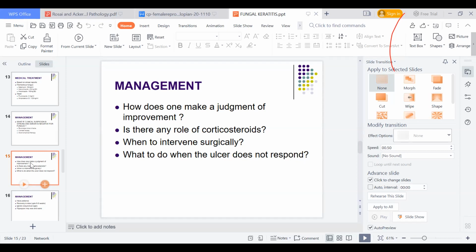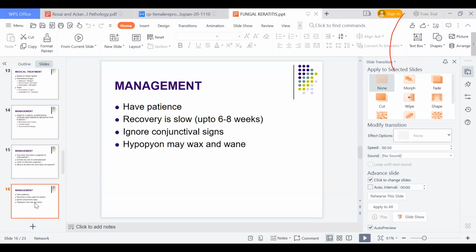So if you see a slight increase in the level of hypopyon, do not label it as a non-responding ulcer. You primarily go by what is happening at the level of the corneal infiltrate. If you see that there's scarring all around and the infiltrate looks more white, the yellow color fades, and the symptoms and other signs are down, don't really bother about waxing and waning hypopyon.